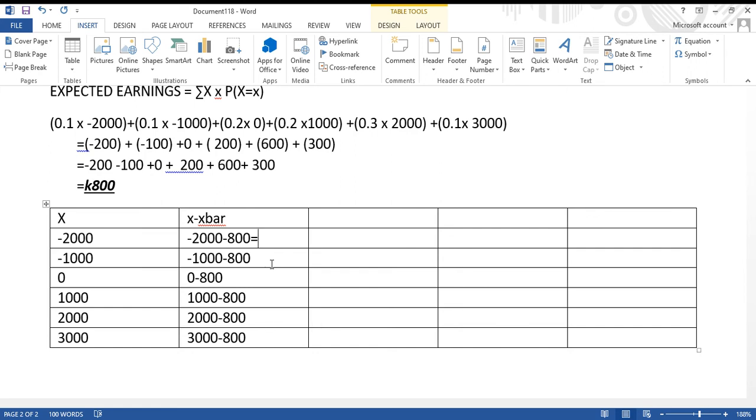Negative 2,800. Correct. Negative 1,000 minus 800.